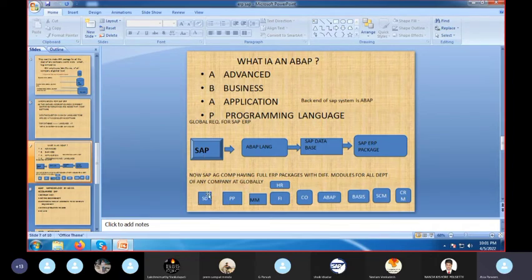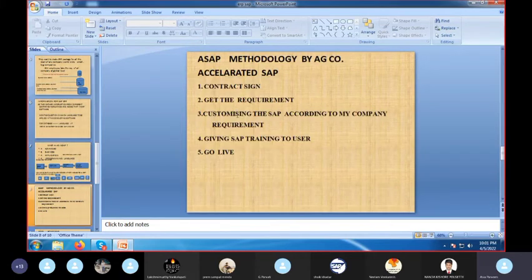So we know that in SAP different modules are available, like SD, PP, MM, HR, FI, CO, ABAP. ABAP and BASIS are technical software, then SCM and CRM. So these are different modules.